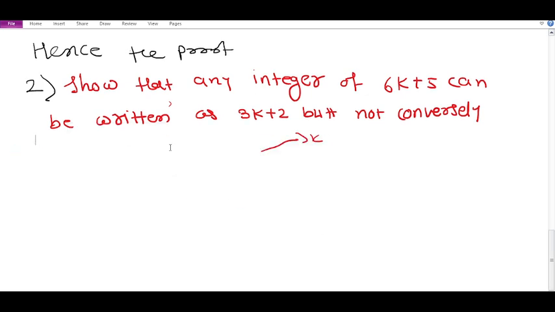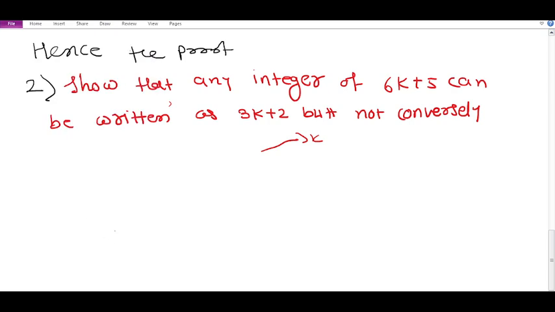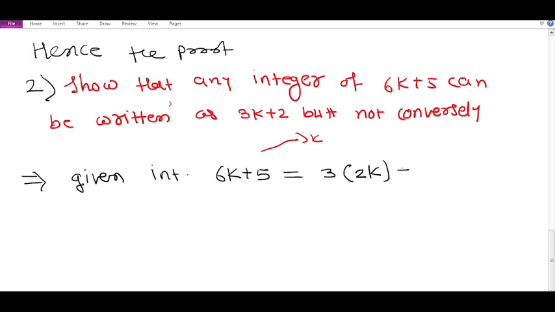So now we are going to write the proof. The given integer 6k plus 5 can be written as thrice, inside the bracket, we can write 6k as 3 times twice k, and 5 as 3 plus 2.